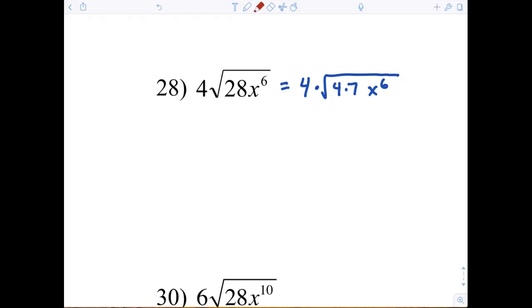So here we go. Square root of 4 is what? 2. Now, there's already a 4 out in front, so you multiply. So that's 8. Now, 8x to the 3rd, radical 7. Okay? Anybody have any issues? Do you add 4 and 4 together?